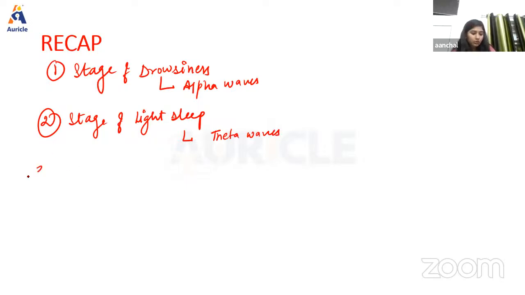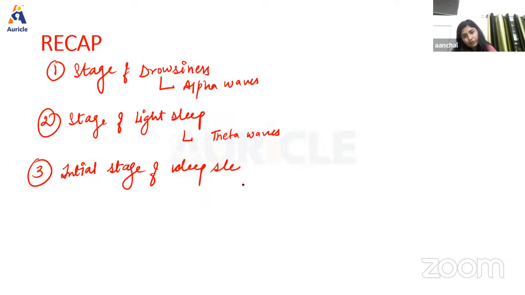Now, the third stage we have is the initial stage of deep sleep. What is this initial stage of deep sleep? This is basically the transition period from light sleep to deep sleep, so this is considered the initial stage of deep sleep.